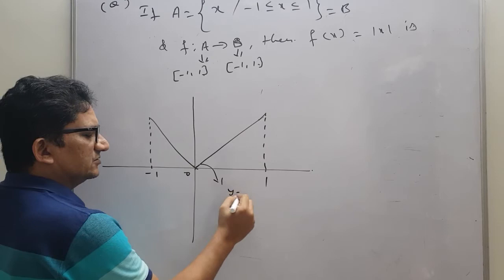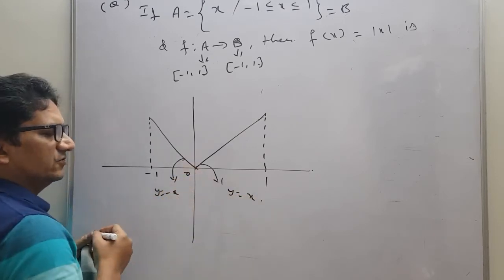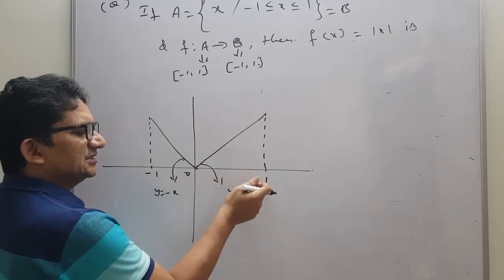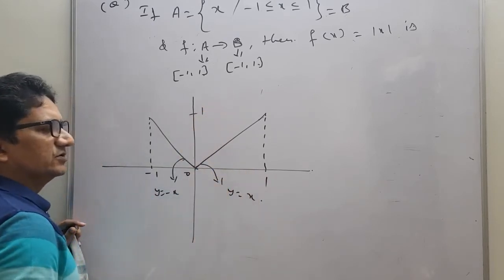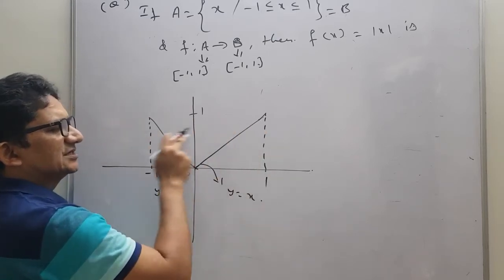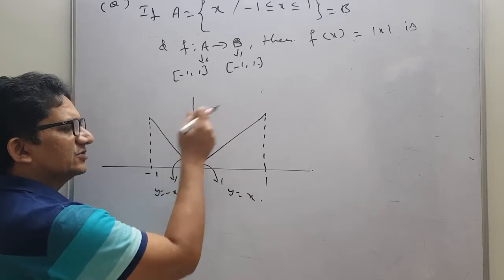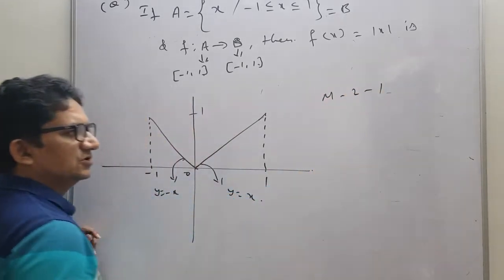This line is y equals x and this line is y equals minus x. But the limitation is between minus 1 and 1 only. When y equals x and the input is 1, the output we get is also 1. Now if we draw any line parallel to the x axis, it clearly cuts at more than 1 point. That's why we can declare the function as many to 1.